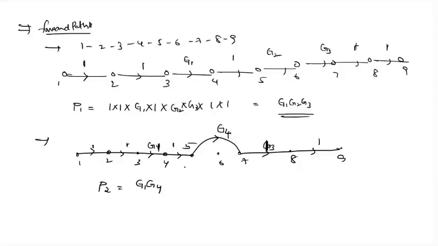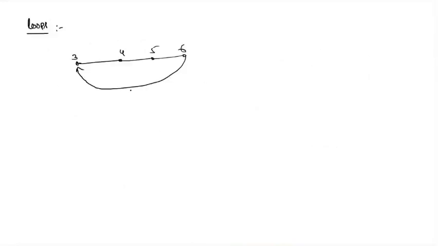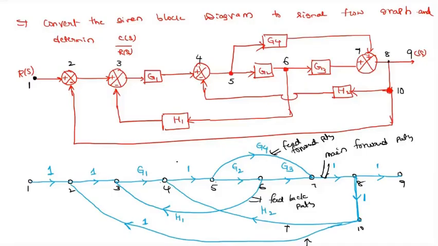In between 6 and 3, what is the gain? Between 6 and 3 it is H1. It's in the opposite direction, therefore it is written as minus H1. It's a feedback, so we need to indicate it as minus H1.